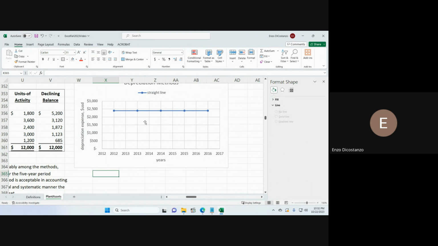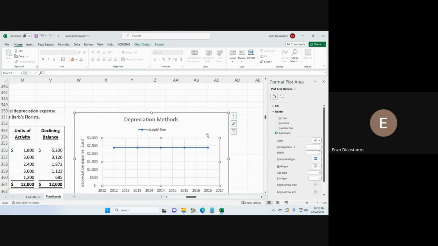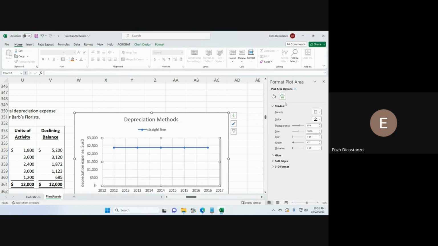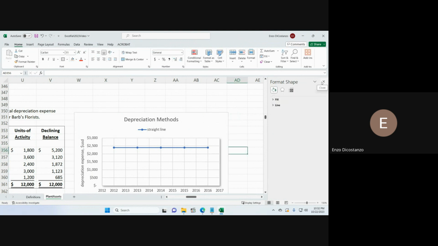And actually, I think what we did here, we don't really need the grid lines for this. So what you can do, you could right click, format the area. We're looking for shadow. Go to the first shadow version of this. Okay. So it gives a little bit of a shadow effect. We like that.